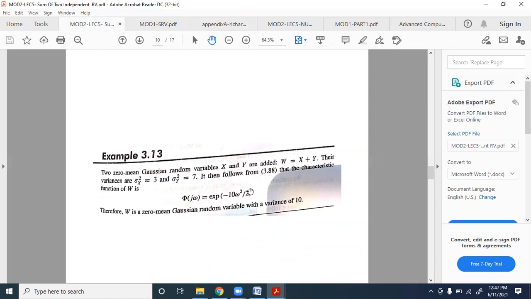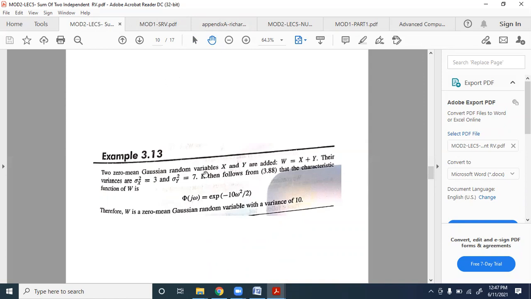So you can write one more step where 2 will cancel with this 10 and we'll get a 5. So this equation gives us that again w is a zero mean Gaussian random variable with a variance which is equal to 10. We don't have mu w, the mean, over here.